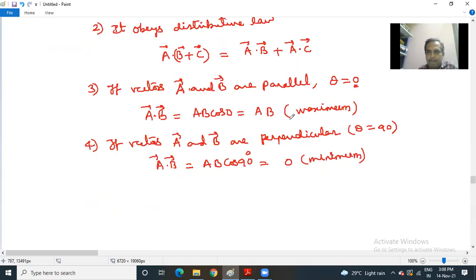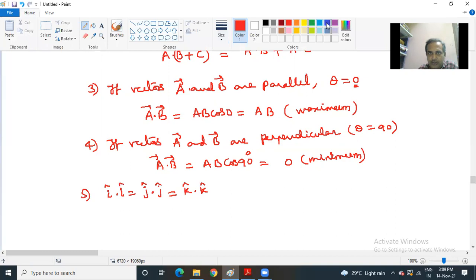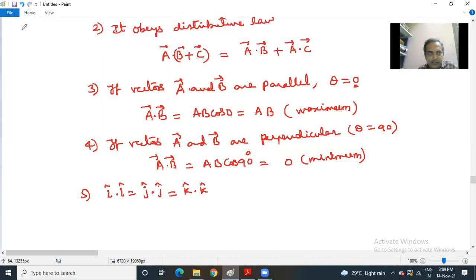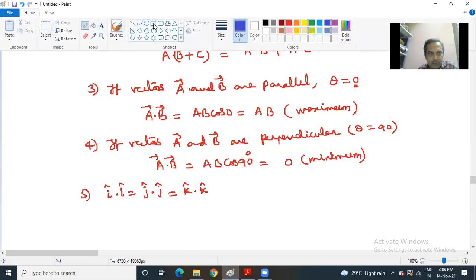Then after that, suppose there are unit vectors, imagine I dot I, J dot J, K dot K. These are the unit vectors, and these are parallel. How to understand? You take a cube like this.